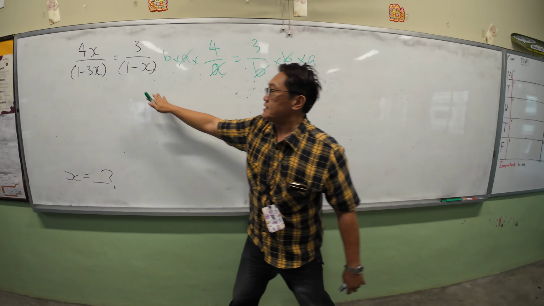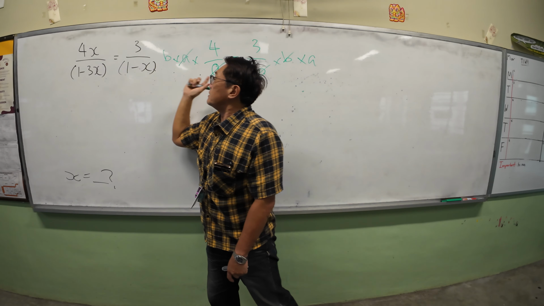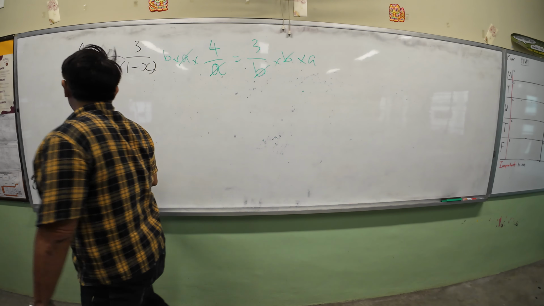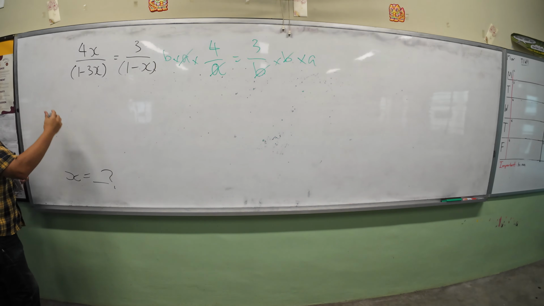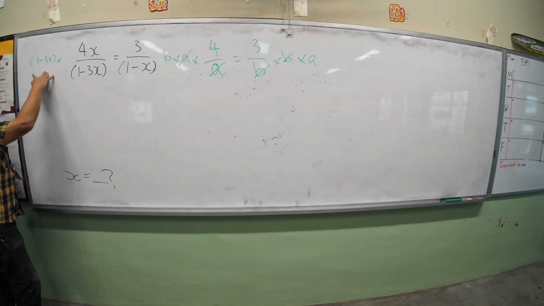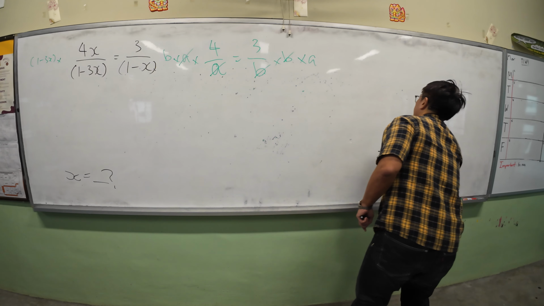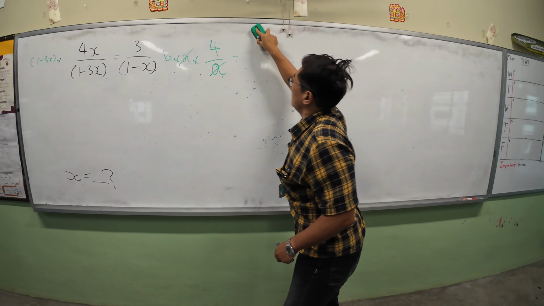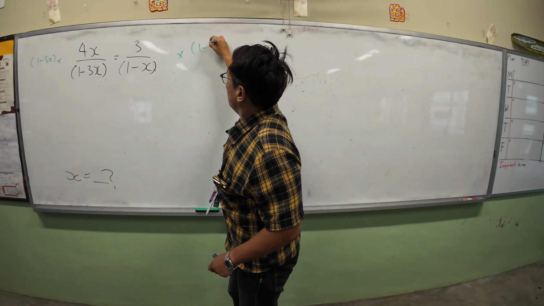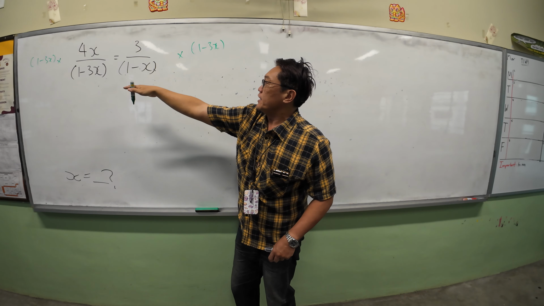Okay? So when we see the whole denominator as one thing, the same thing is happening. So when I multiply this bracket, I must multiply this bracket to the right side at the same time. I must multiply this denominator throughout because I want to cancel it away.